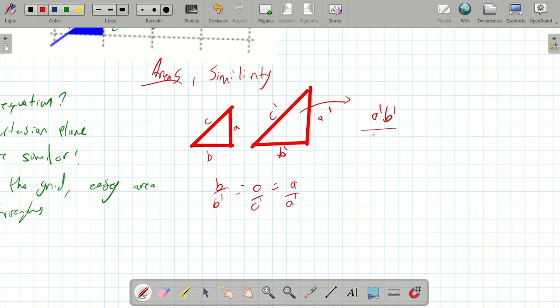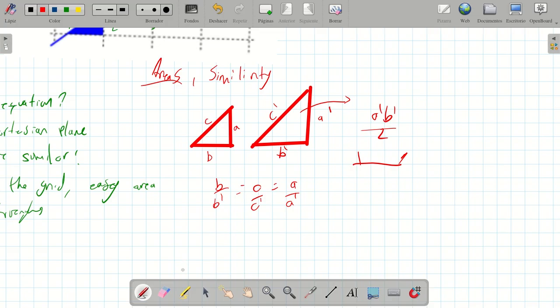So in order to try to find something related with the area and this special property of similar triangles, I will do this like magic trick to have this algebraic expression using this fraction.